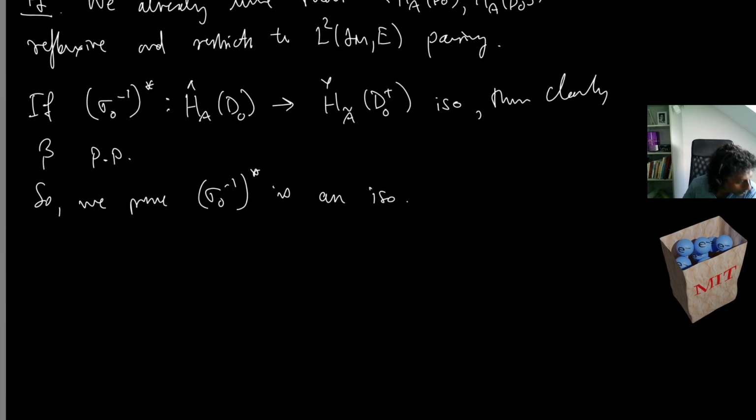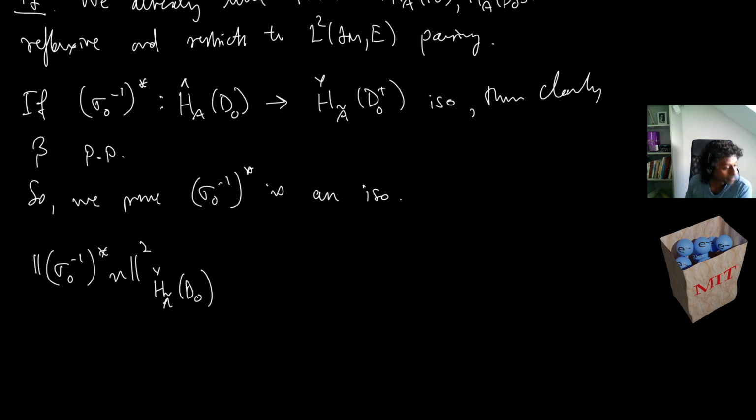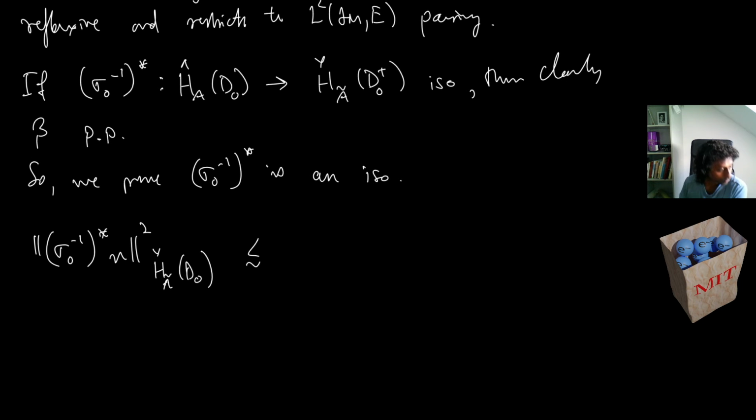So we're going to prove two estimates. First of all, let's take this u in the space H check A tilde of D naught. So what do we know from last time? From the last lemma, we can rewrite this.